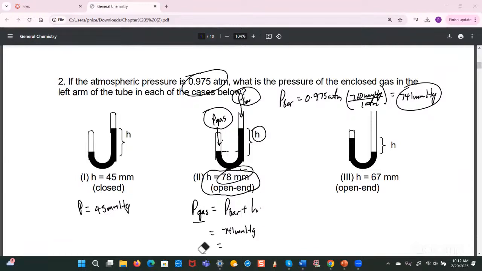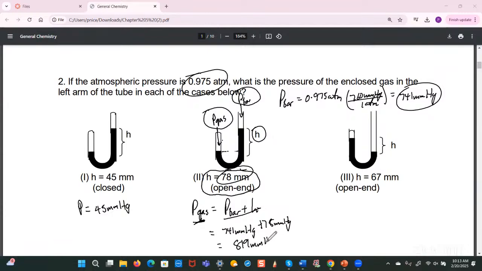No, we're adding, I was correct. You're adding the 78 because the pressure of the gas, that's what the question is asking for. The question is asking for the pressure of the gas, and that's equal to this, right? So the answer I got was 819 millimeters mercury.